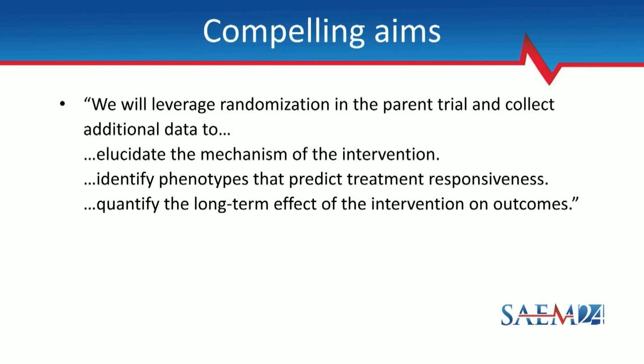And in the context of an ancillary, you can then use that trial intervention to start to understand, say, a mechanism of action. How does this biomarker differ between arms in a way that would explain how the intervention is working? The study that we're doing is trying to identify phenotypes of treatment response.